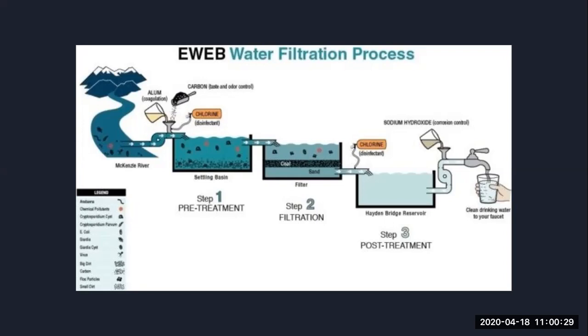Okay, so when the water gets there, the water might have what we call turbidity. And when we talk about turbidity, we are talking about suspended particles in the water. In most instances, these suspended particles will give the water a cloudy appearance. Okay? So we will add things like alum and other chemicals to cause what we call coagulation in the water.